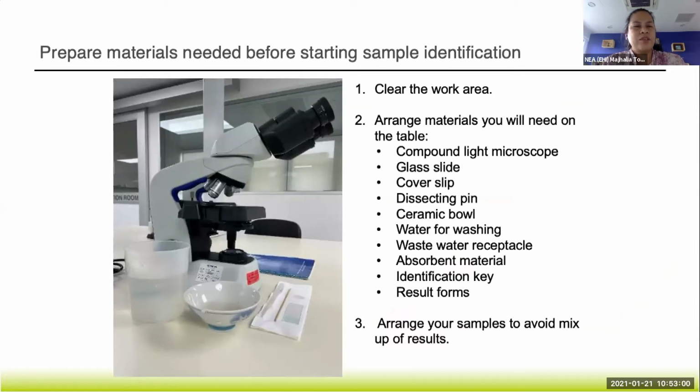A moist chamber, but we don't make it wet because when you make your mosquito wet, then you also damage the taxonomic characteristics that will help you identify it. So what we use is just a moist chamber to just relax the legs, relax the body of the mosquito so you can position it properly.